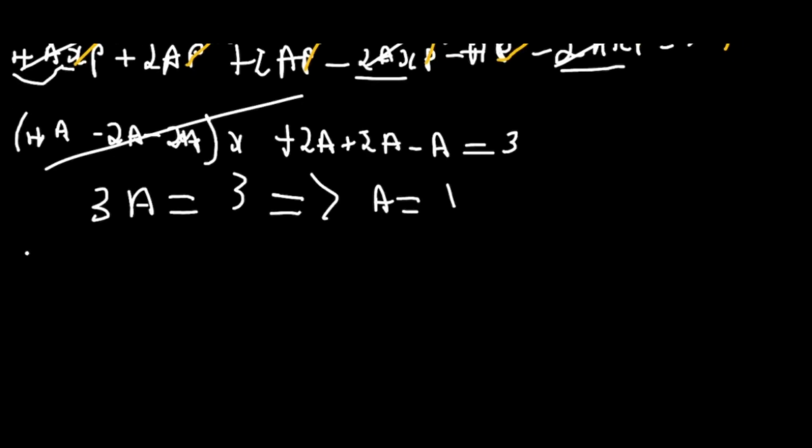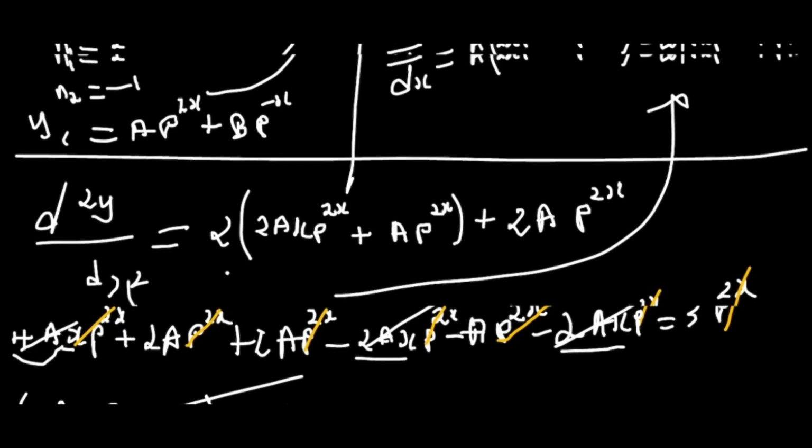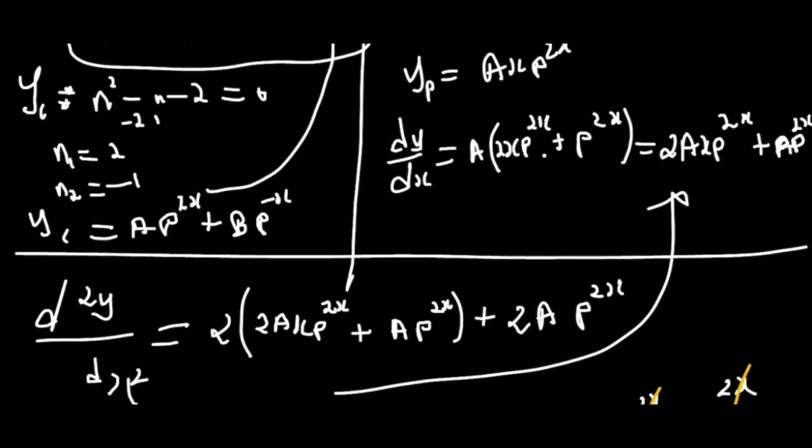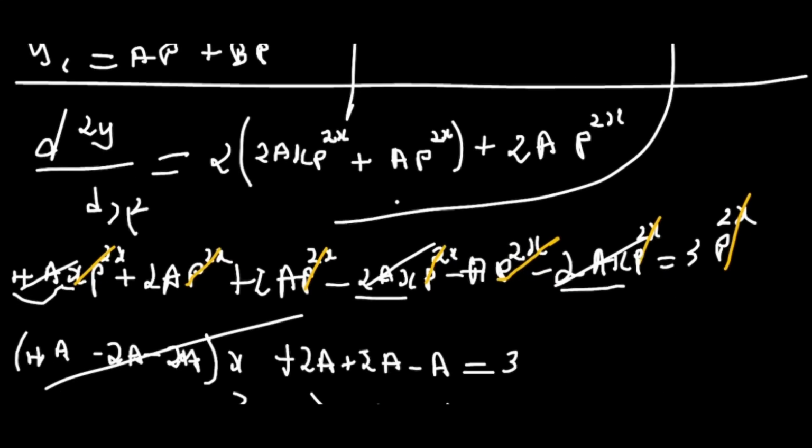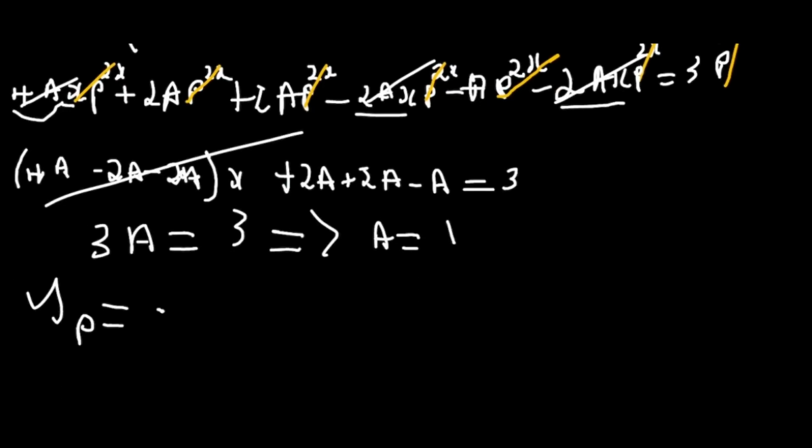Therefore our particular solution will simply be 1x, which is x e to the 2x.